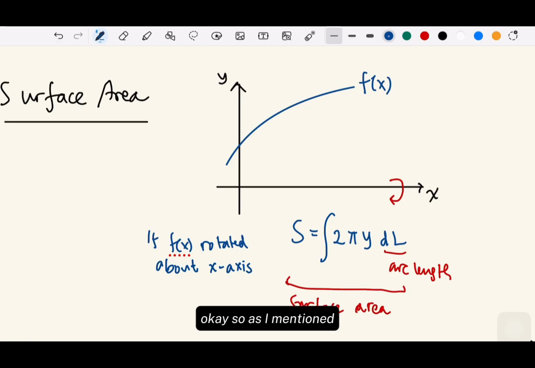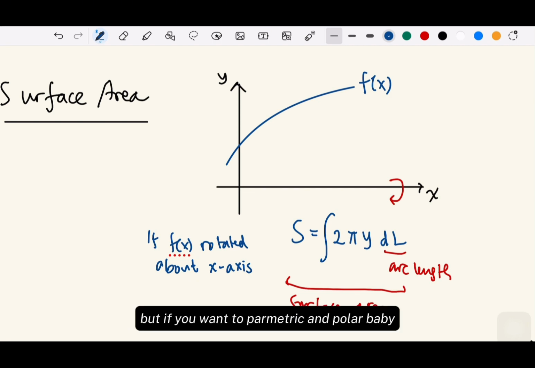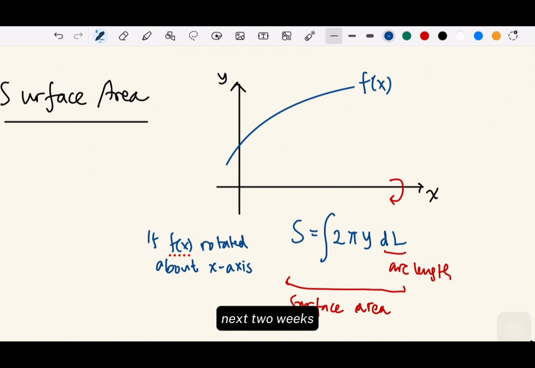Okay, so as I mentioned, my plan is actually to have the quiz on the 13th of September, but that will be only the parametric one, okay? Only the parametric, not the whole chapter 10. But if you want parametric and polar, maybe in 2 weeks we can have the quiz.